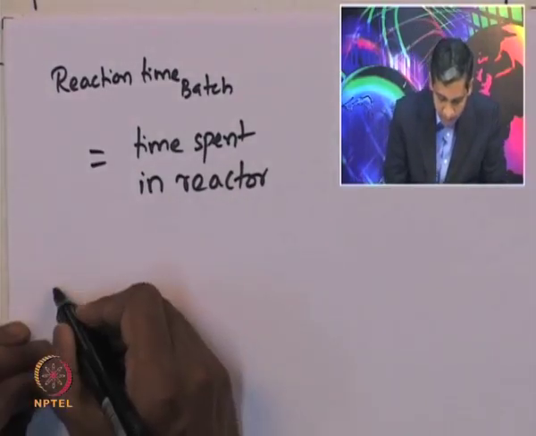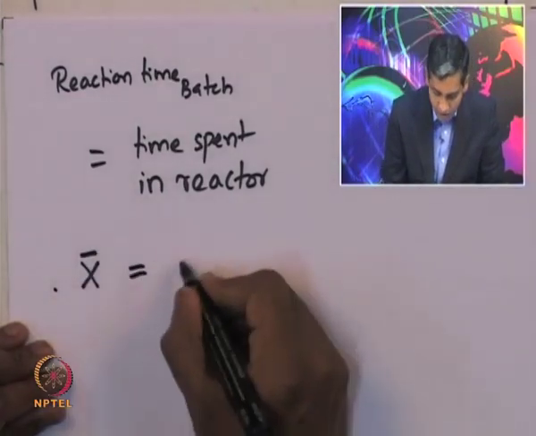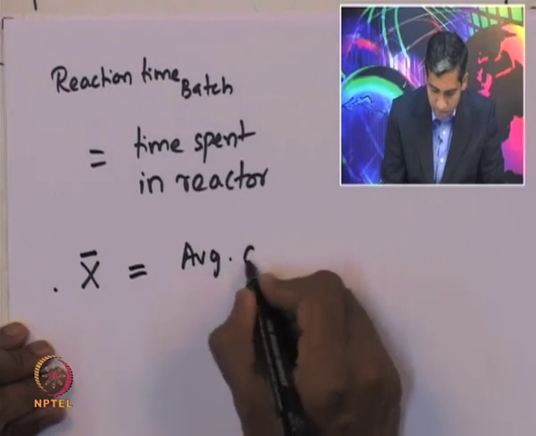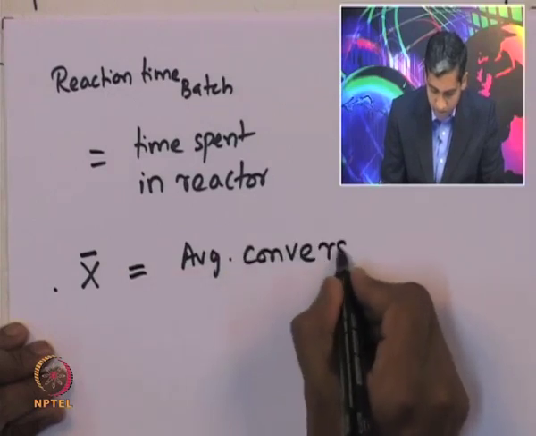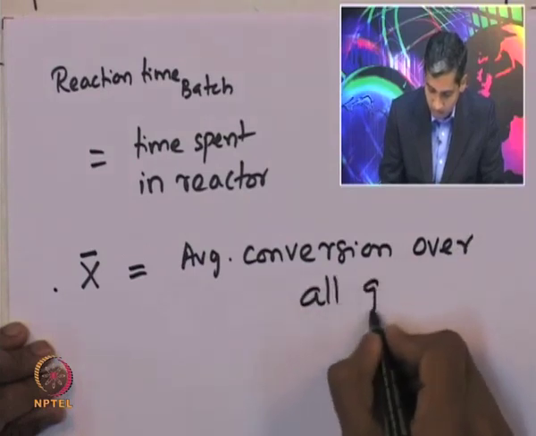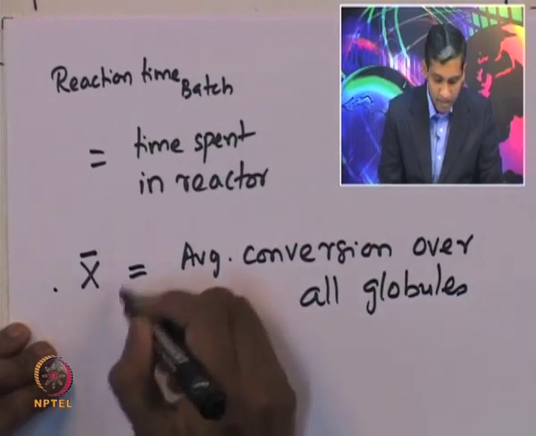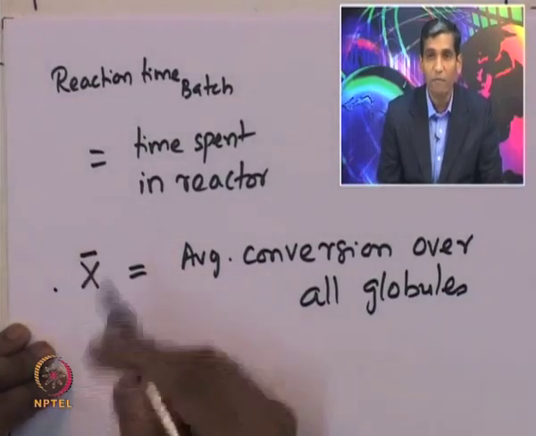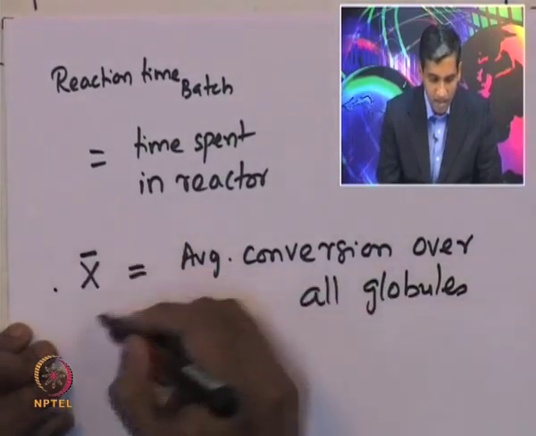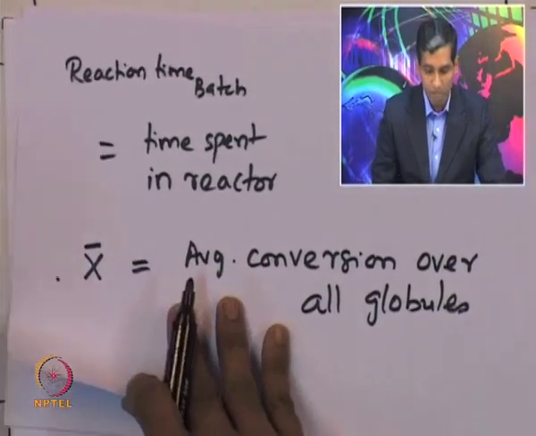Therefore, the mean conversion, if x bar is the mean conversion, is equal to the average conversion over all globules. What is of interest is essentially this mean conversion. We want to predict the conversion of the reactor, and what we need to predict is this mean conversion from the reactor.